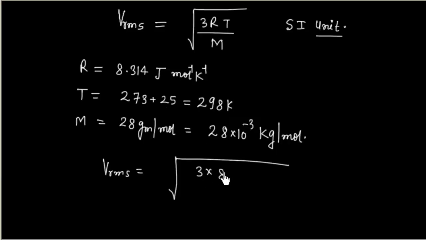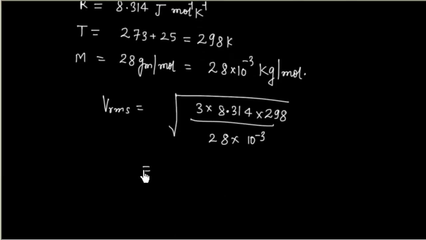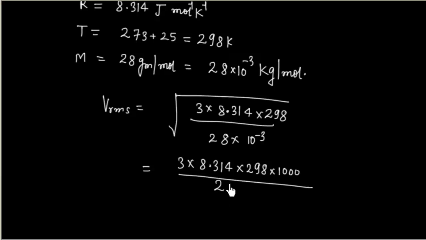R is 8.314, multiplied by T, which is 298, and the molecular mass is 28 into 10 to the power minus 3. So let us calculate this value. 3 into 8.314 multiplied by 298, and 10 to the power minus 3 goes up, so becomes 1000, divided by 28, and then we have to take the root.